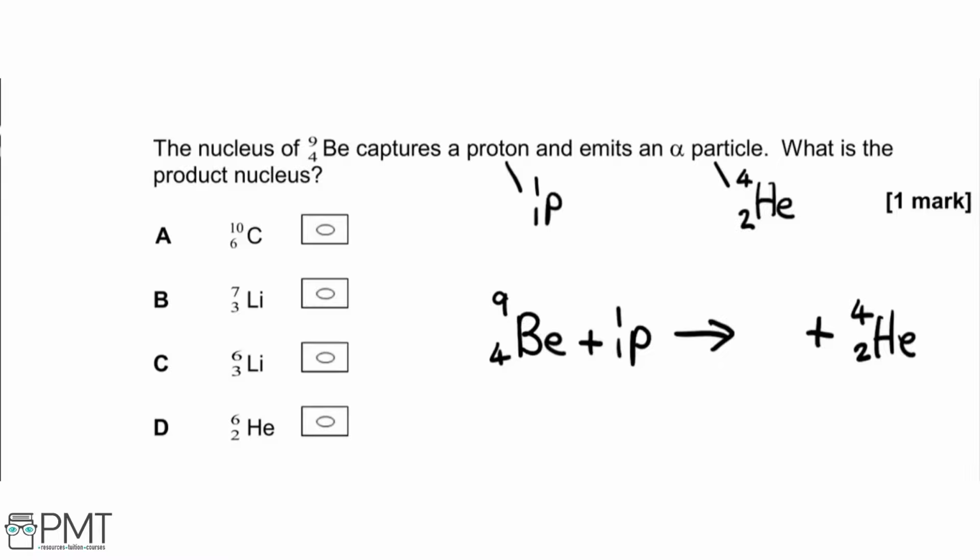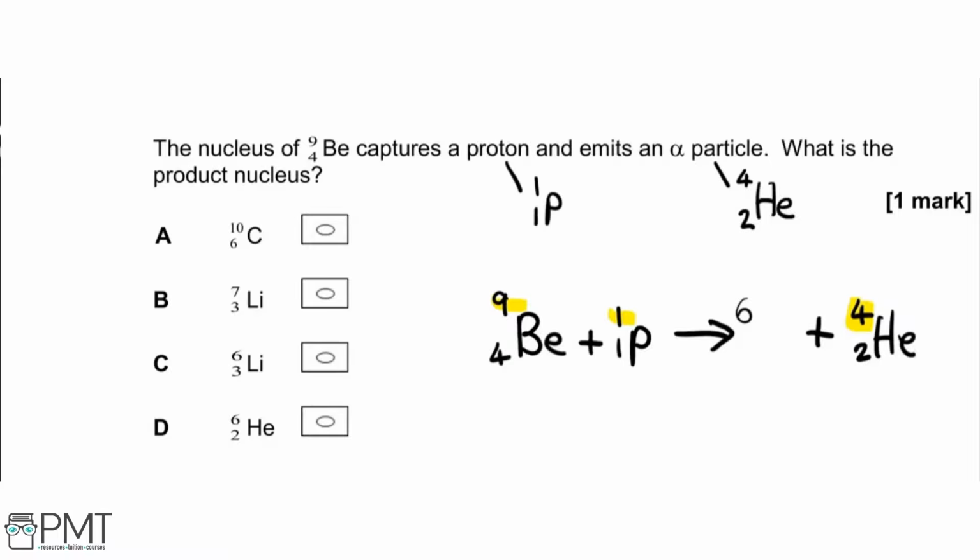Now, what we need to do is balance the numbers on both sides. So you can see that the total nucleon number should be, well, it should add to 10. And you can see on this side, we've only got 4 so far. So in order to get 10 on the right-hand side, this number would need to be 6. Now we can do the same for the proton number on the bottom.